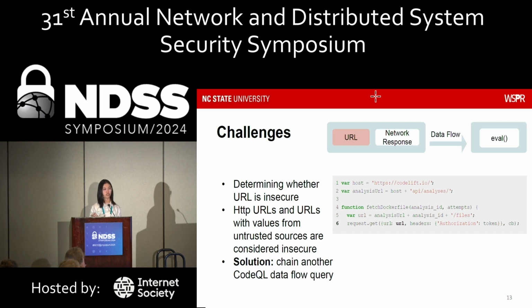These are additional data flows or pattern matching that we add on top of our base queries. In this particular case, it would gather all the values flowing to the variable URL. So it would get the values from lines 1 and 2, and you would see that these values are hard-coded, which means it wouldn't be exploitable according to our threat model. So our filters would filter out examples like these.